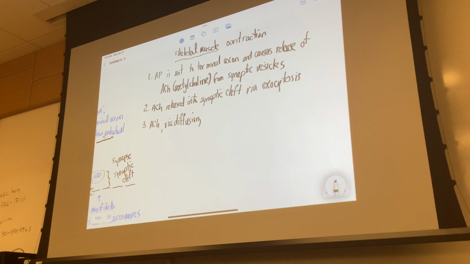ACH moves via diffusion, so it's a random process, from an area of high concentration to low concentration.